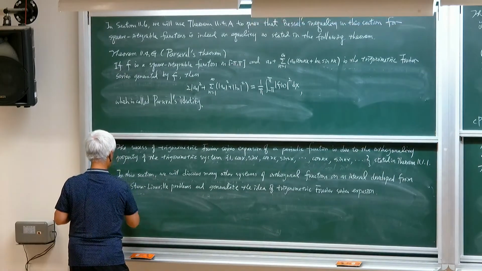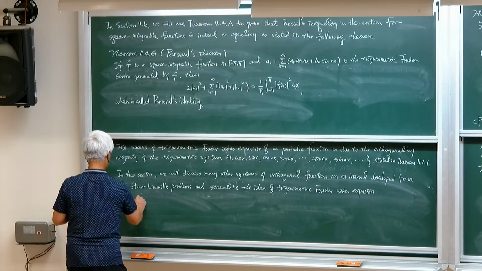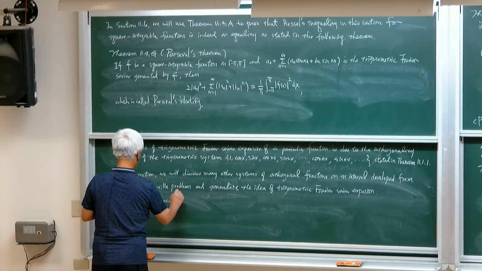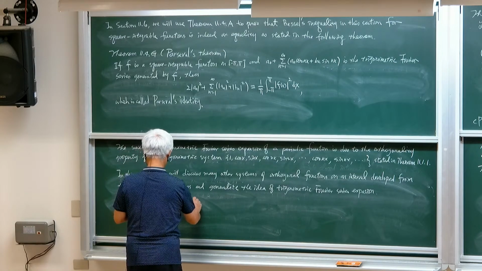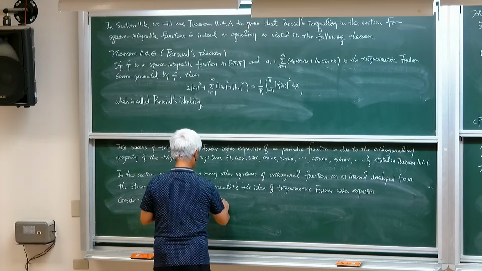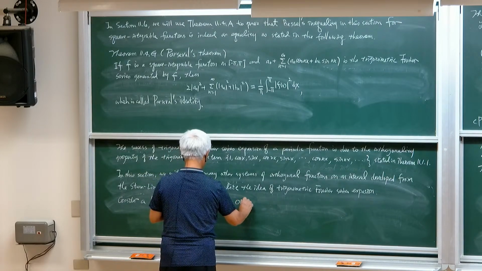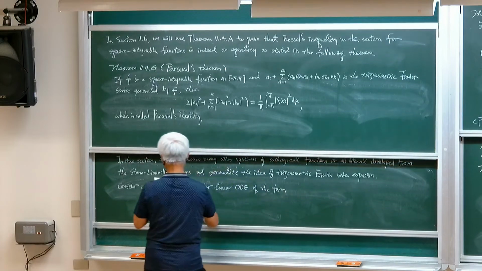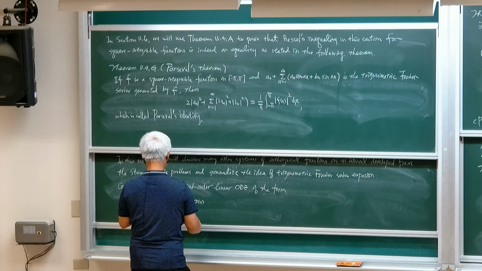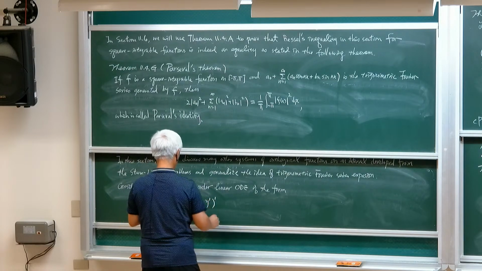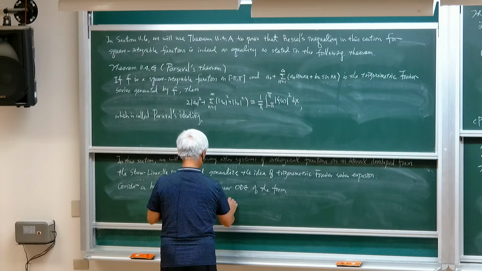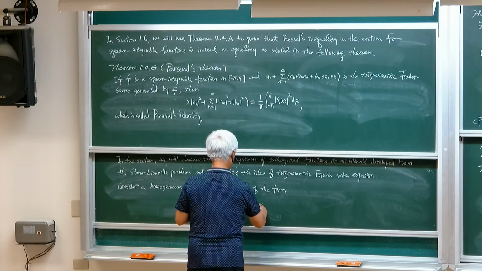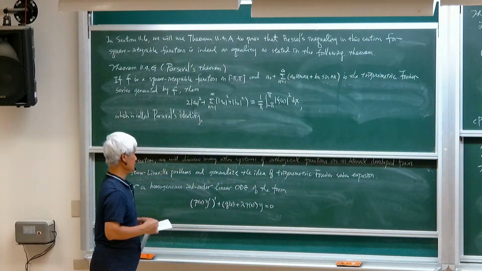Alright, so consider a homogeneous second order linear ordinary differential equation of the form (p(x) y')' + (q(x) + lambda r(x)) y = 0.